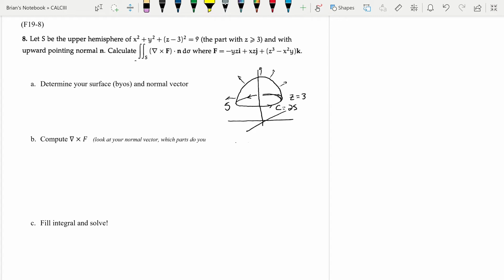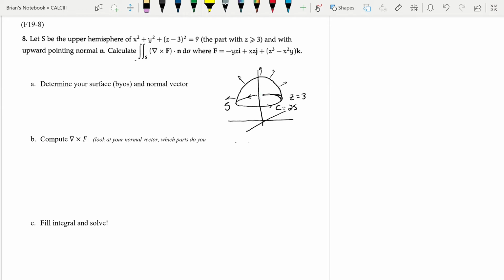So determine your surface, BYOS, which is like the bring your own surface, if you guys remember Butler talking about that, and the normal vector. I think the easiest surface to use would be that circle. And remember how we determine the normal vector: see these outward pointing arrows we have from our surface. What we do is just start shrinking that surface inwards, and as it keeps shrinking, all of a sudden it becomes one arrow pointing straight up.